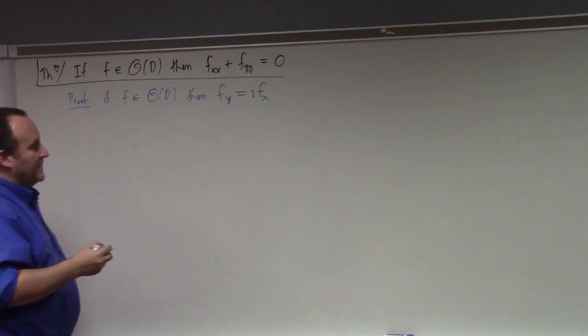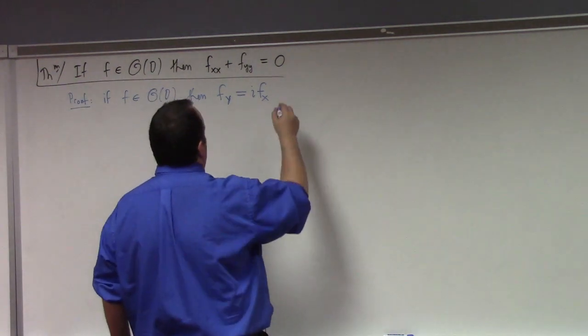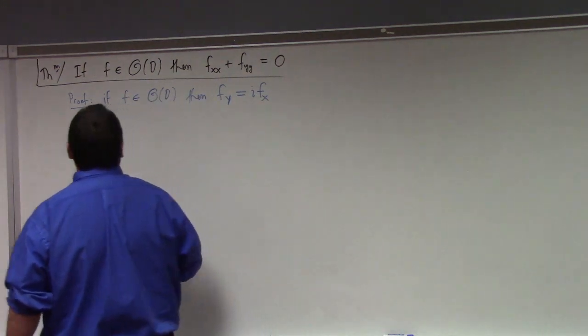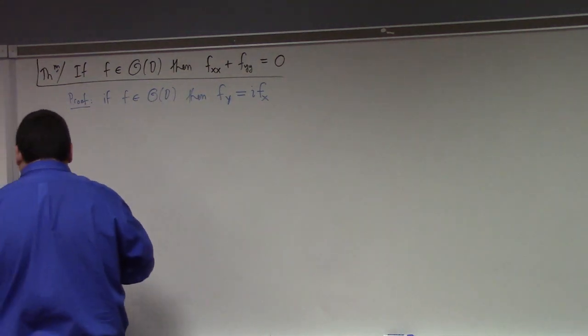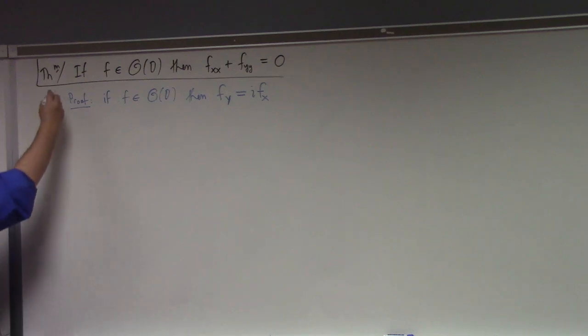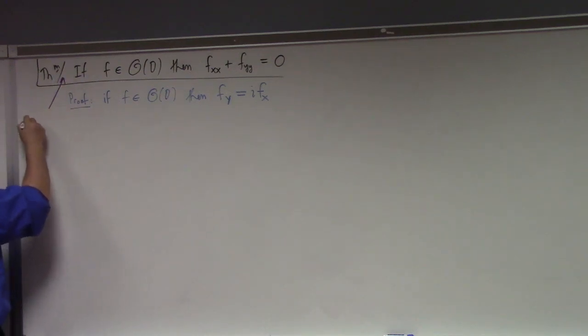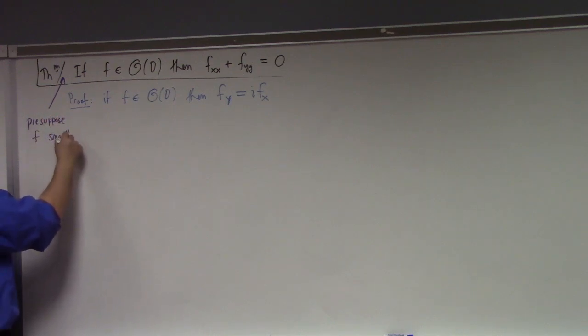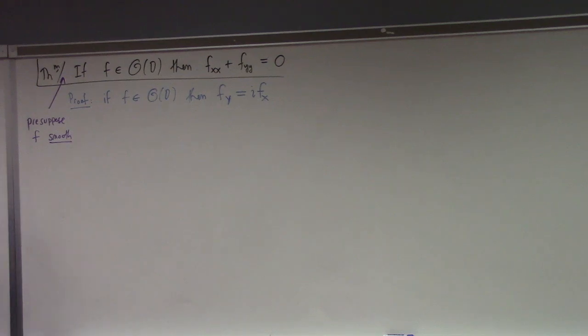Oh, I'm sorry. I need some preamble here. Given our current technology, let's presuppose f is smooth, in the sense that you can take as many partial derivatives as you want.